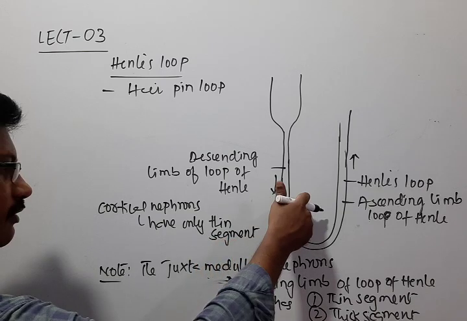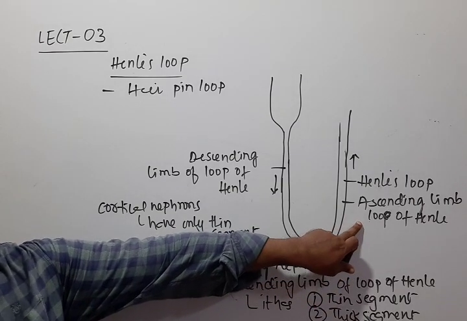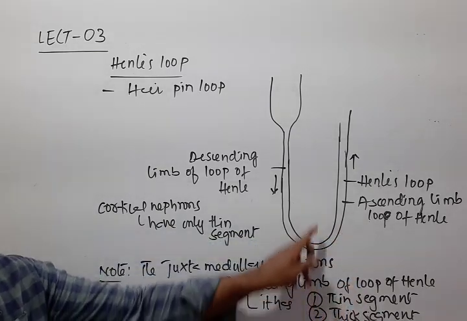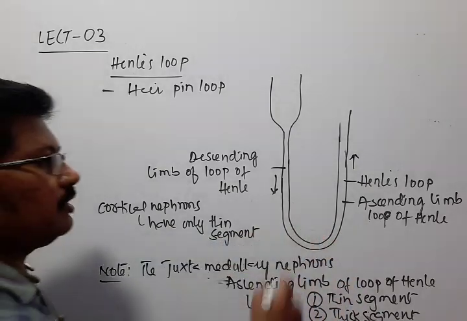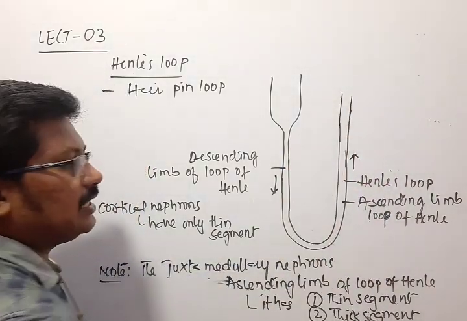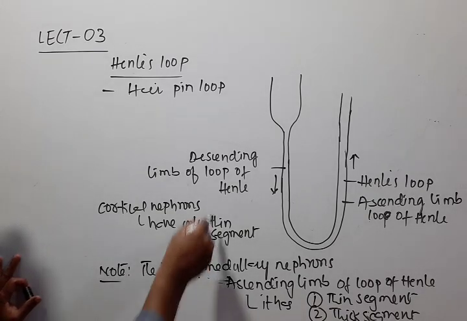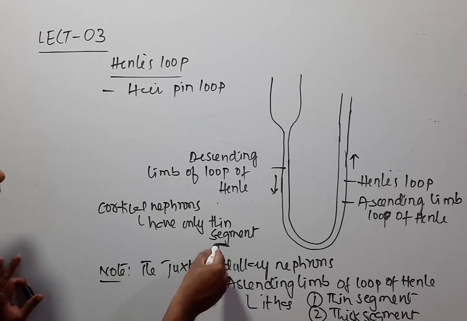Only in the case of juxtamedullary nephrons will you find two parts for this ascending limb of loop of Henle. One is the thin, which is the lower part, and a little bit upper is the thick segment. So thin and thick segments are seen only in juxtamedullary nephrons, whereas cortical nephrons have only the thin segment.